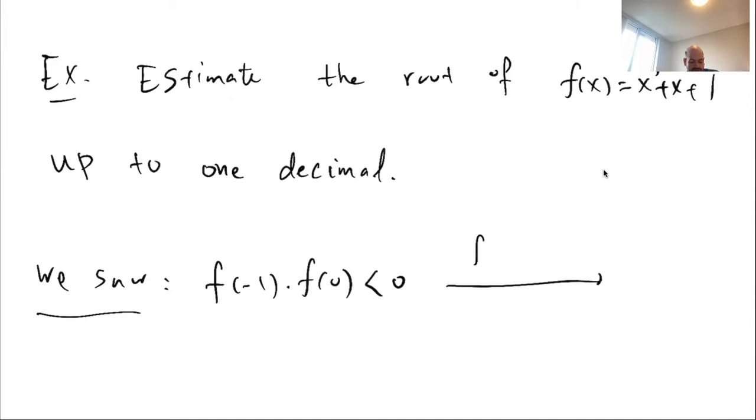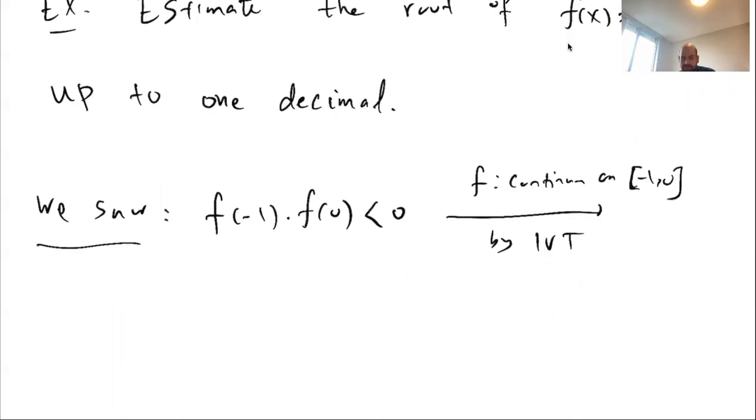And because f is a continuous function on -1 to 0, by IVT we concluded that there exists C between -1 and 0 such that f of C is 0.